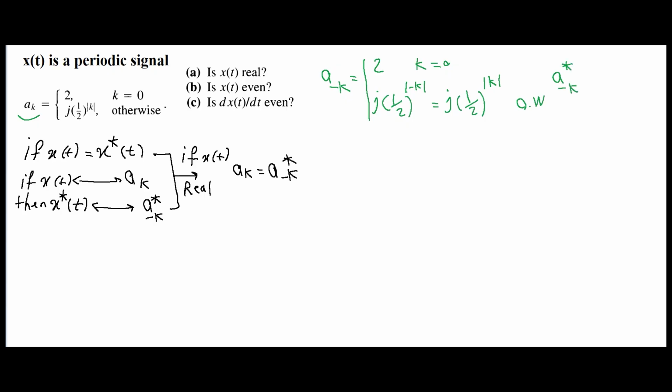Then we take its conjugate, a_{-k} conjugate. After comparing a_k and a_{-k} conjugate, we see that they are not equal, so we conclude this signal is not real.